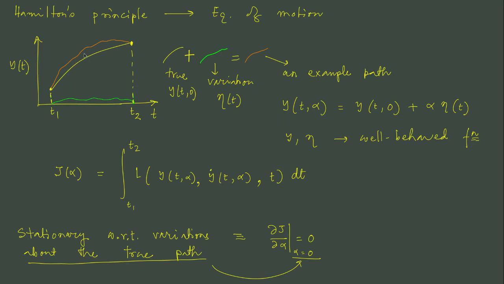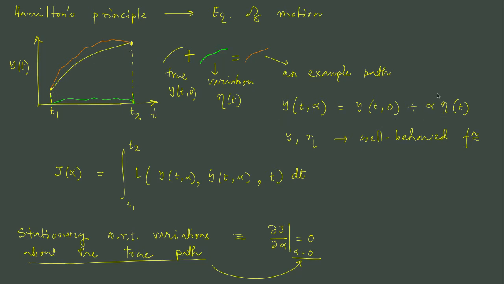It is infinitesimal, and the deviation between the two, I mean the true path and the variation, I depict using green. So basically that yellow plus green gives us the broken line.